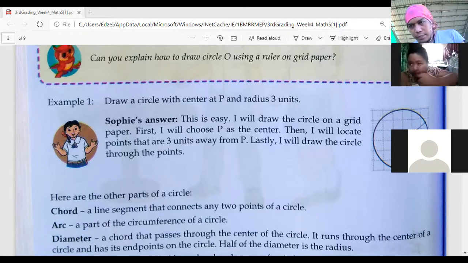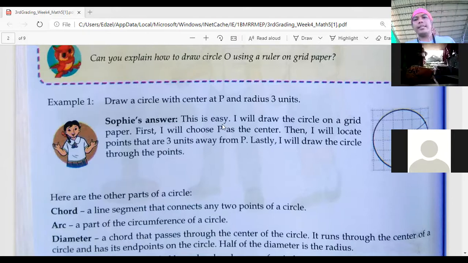It depends on the unit. Here it only says units, not very specific, but at least we know the measurement from the center to the edge. Sophie's answer. This is easy.